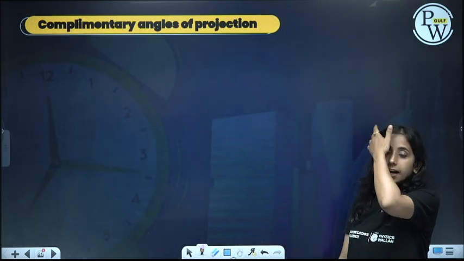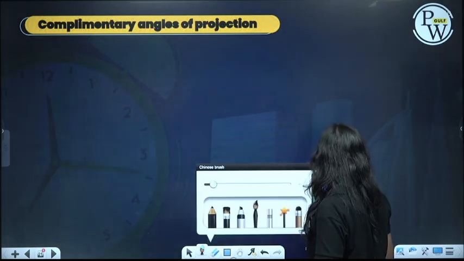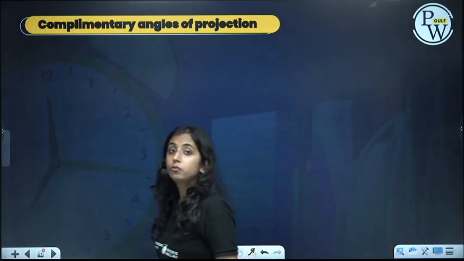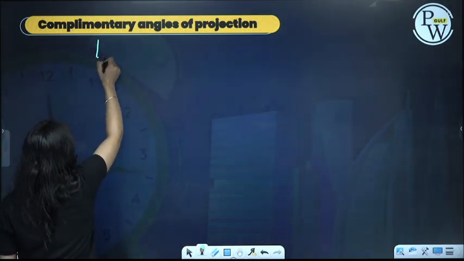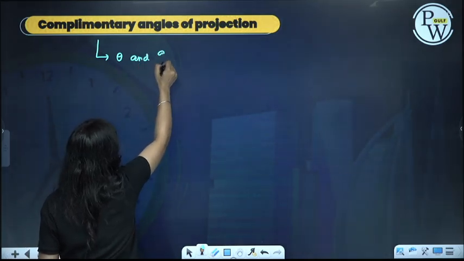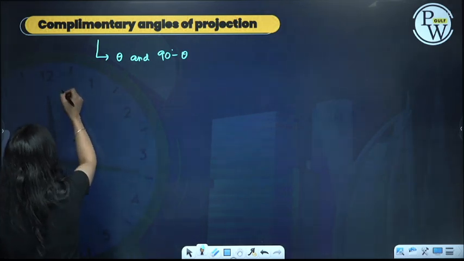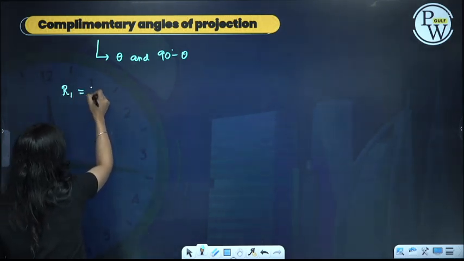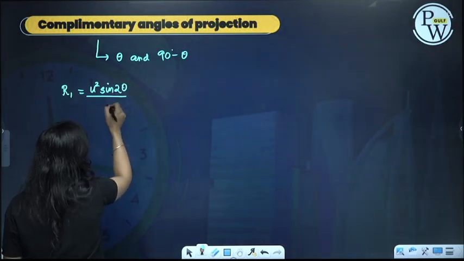Now let us see the complementary angles of projection. For complementary angles of projection, what will be our range? Complementary angles are theta and 90 minus theta. For theta angle, range will be u square sine 2 theta by g.